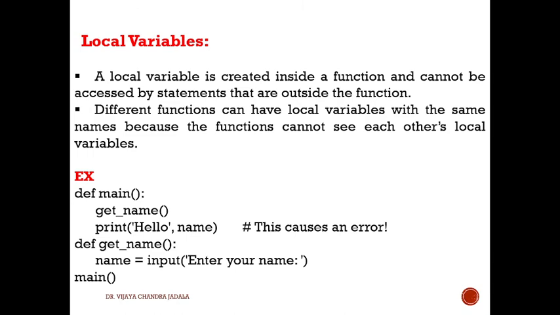So within a particular function you can give the variables, and the same variable names can be used in another function. Why? Because the local variables are limited to that particular function. The other function cannot see the variables in this particular function. So every function has different variables or the same variables, but they are related to that particular function only.